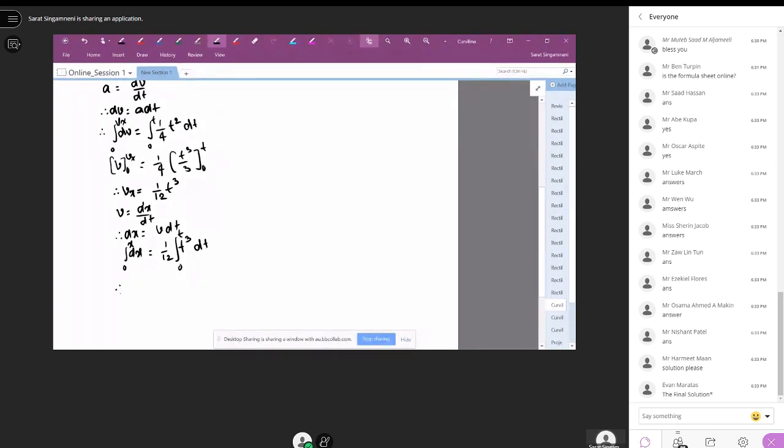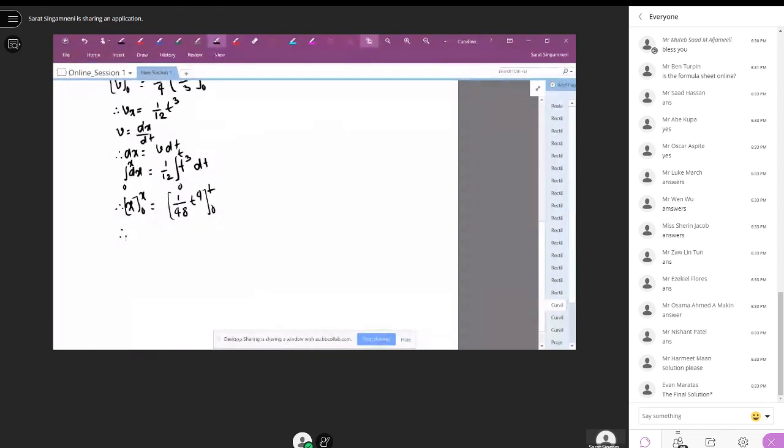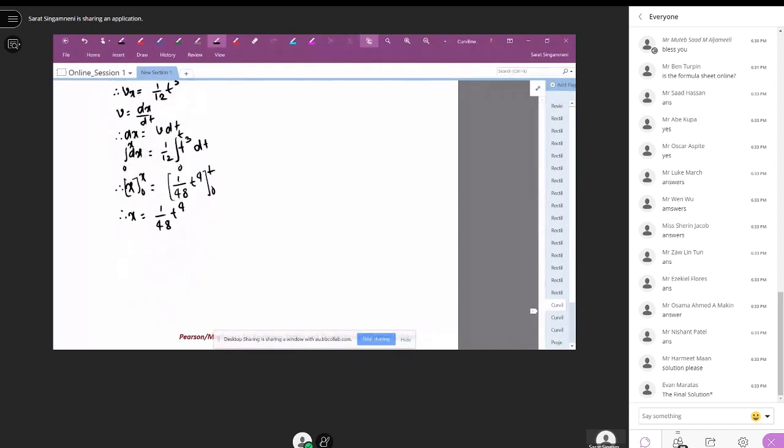So from this, x between limits 0 and x is equal to 1 over 12 times t to the power 4 over 4, so 1 over 48 t to the power 4, from 0 to t. Therefore, x is equal to 1 over 48 t to the power 4. This is all the story with the motion along the x direction.